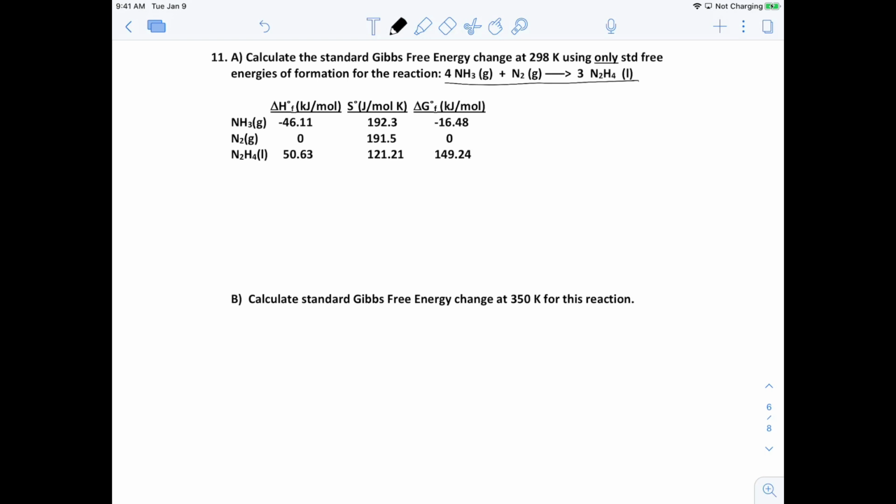Okay, so we're doing this at standard conditions, so you don't need to use delta S or delta H, even though they're in the tables, as they are in the back of the book. We can just do this with the delta G. So the delta G for this reaction is going to be 3 times the N2H4. N2H4 was 149.24.